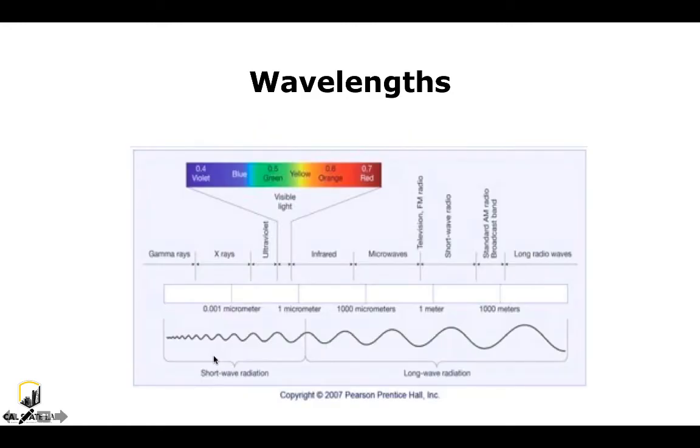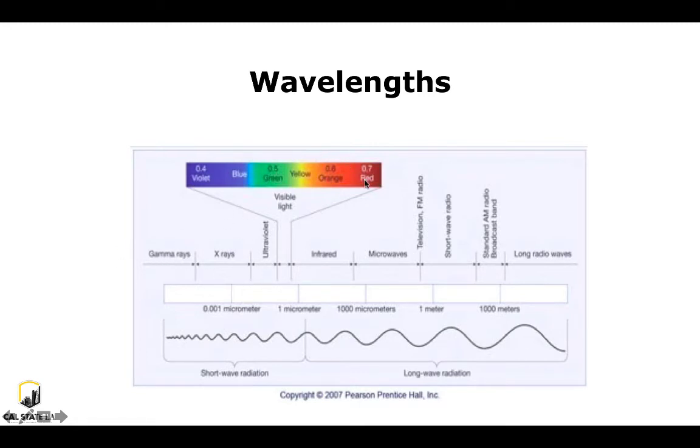This graph represents the short wavelength on the left-hand side, moving into the longer wavelength. Gamma rays, X-rays, ultraviolets are very short wave radiation, on the magnitude of 1 times 10 to the negative 4 micrometer to 1 micrometer, and these are very dangerous.